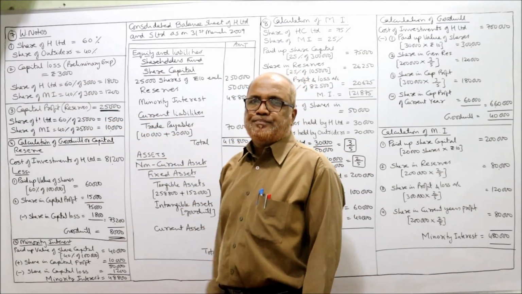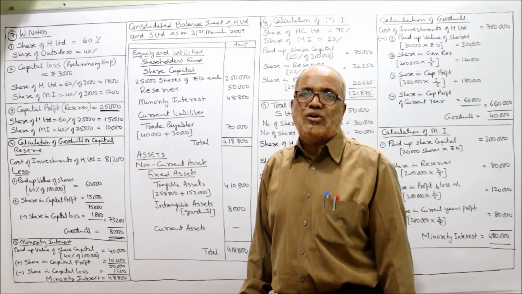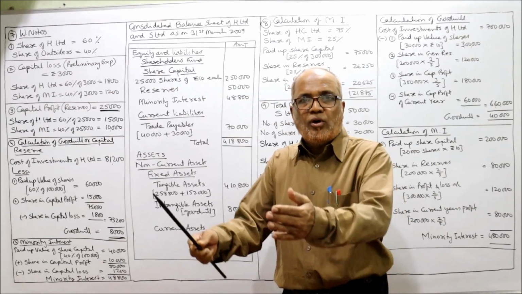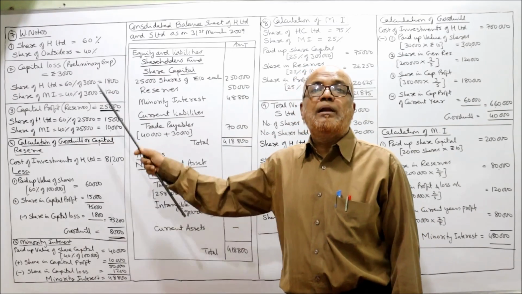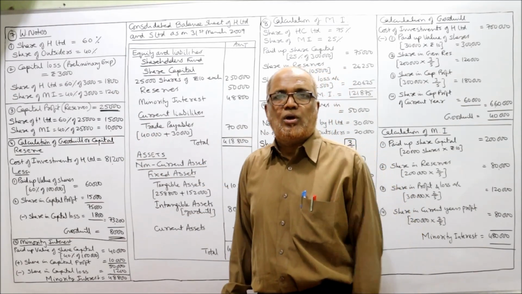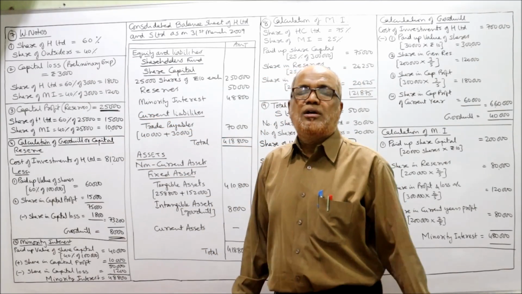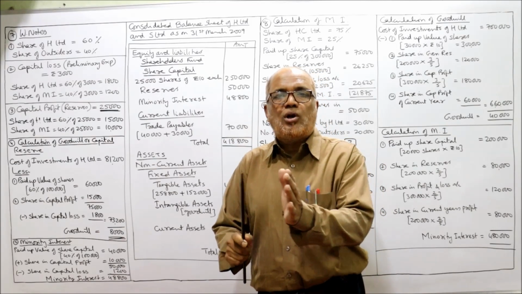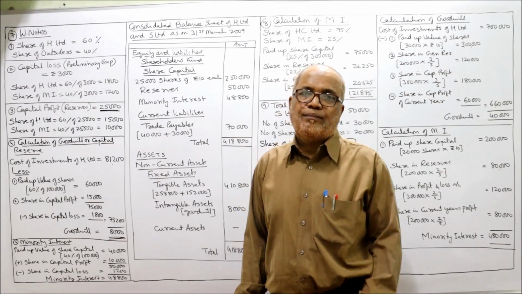Now capital loss. The loss before acquisition of shares. Before taking up the shares, how much is the loss in subsidiary company? Here we have preliminary expenses as a capital loss. How much preliminary expenses? 3,000 rupees given in the balance sheet. Now this 3,000 rupees capital loss will be divided between H Limited and minority interest.